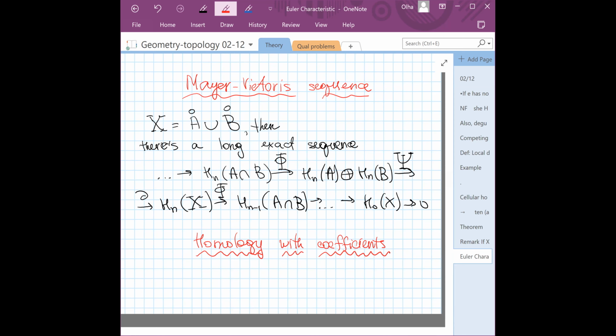The idea is that everywhere before we were just taking free groups generated by something with integer coefficients, but there is no real reason why we wouldn't be able to take coefficients from somewhere else instead of taking them from Z. That's the whole idea.